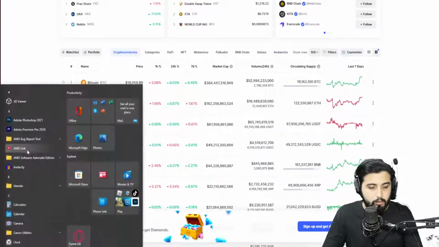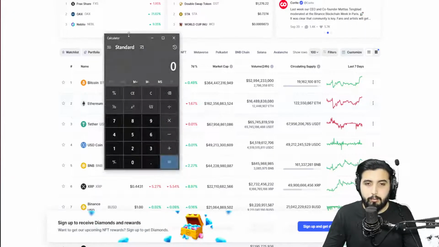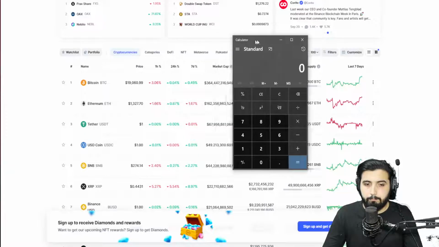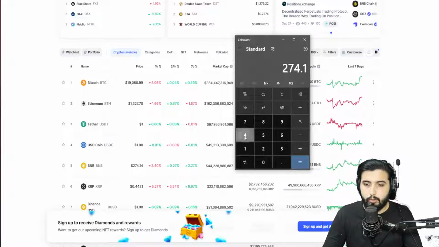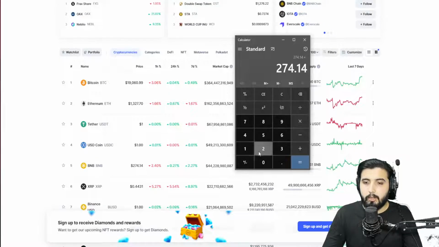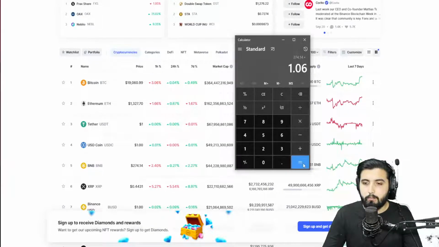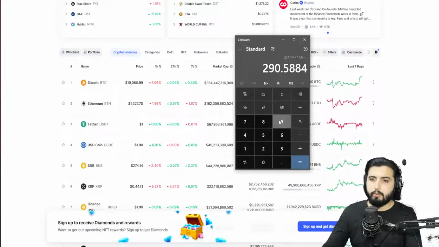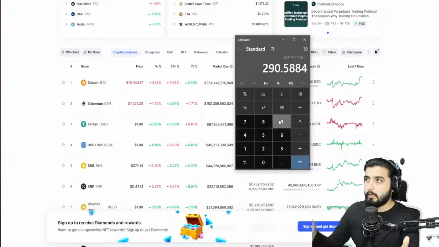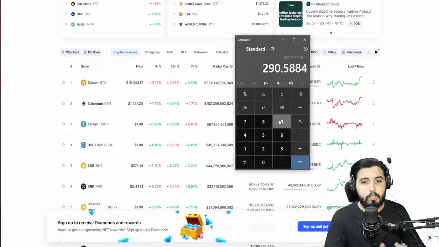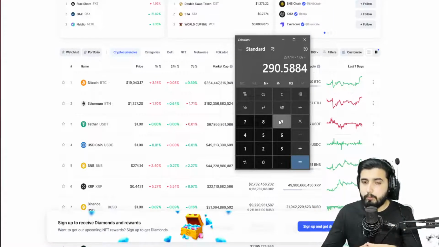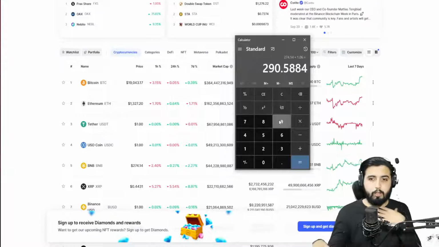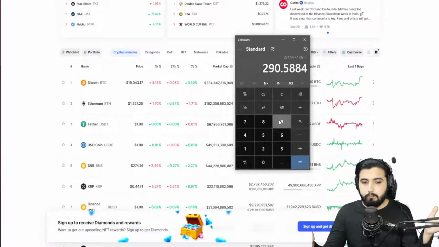Anyways, if you calculate how much 1.06 BNB is, 274.14 multiplied by 1.06 becomes about 290, and let's just say 300. So it's a once in a lifetime investment in this one of $300.